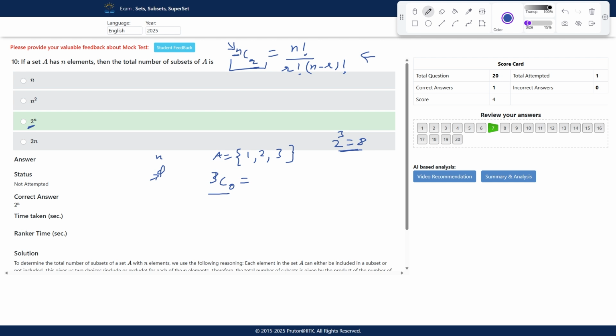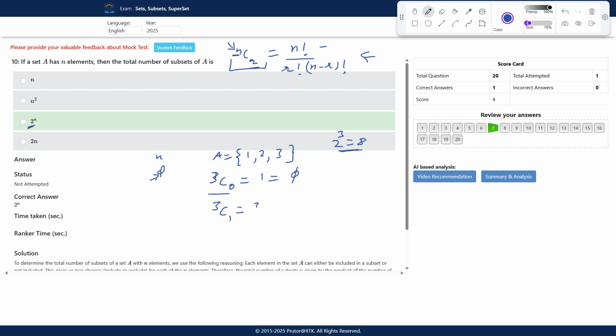Now here if you solve using this, what will you get? Solve it. Simple, 1, and this represents your phi set. Clear? Now you are going to select one element out of these 3. In how many ways can you select?